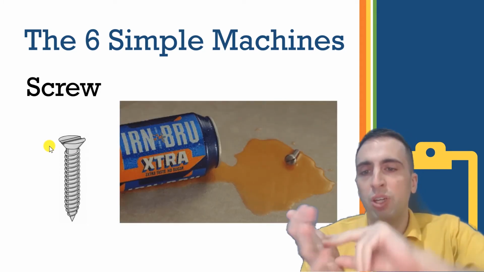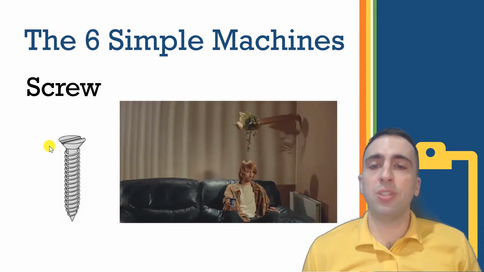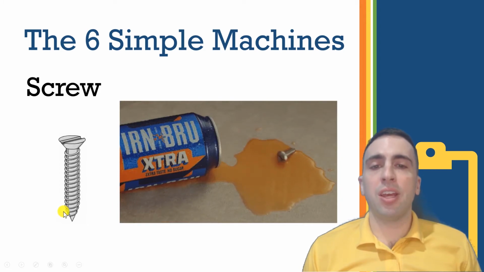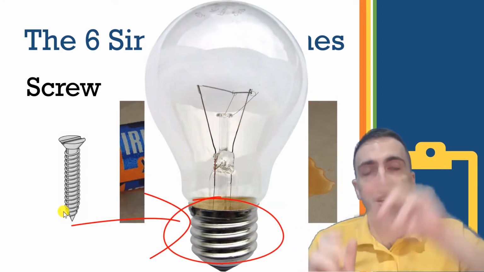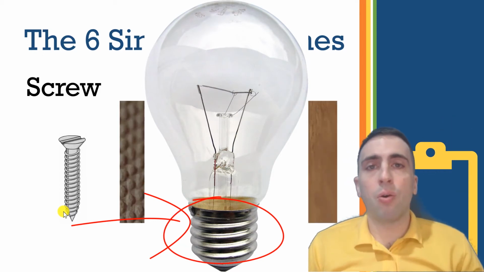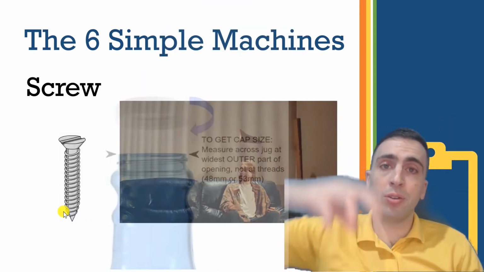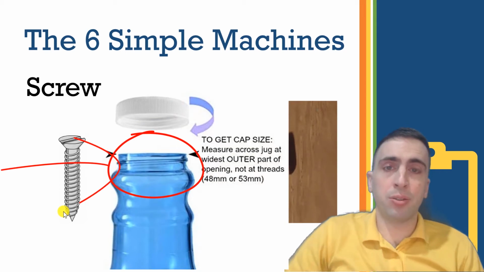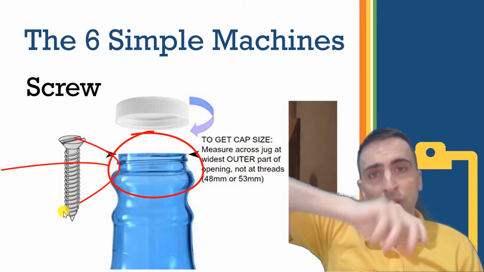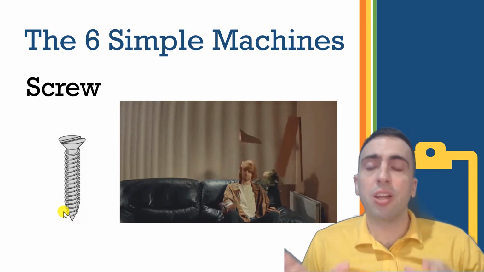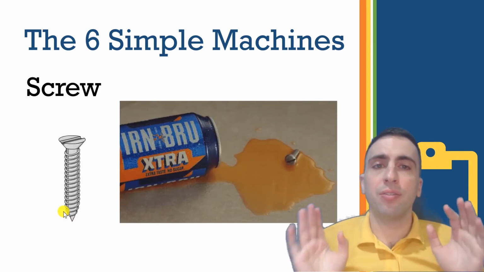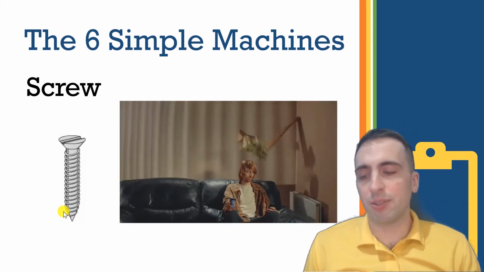We can screw it in. Maybe you've seen the end of a light bulb has a screw, so you can screw it into the ceiling. Or if you have a bottle, you have a bottle top. You can screw it on. All right, we use the simple machine, the screw, for many different things.